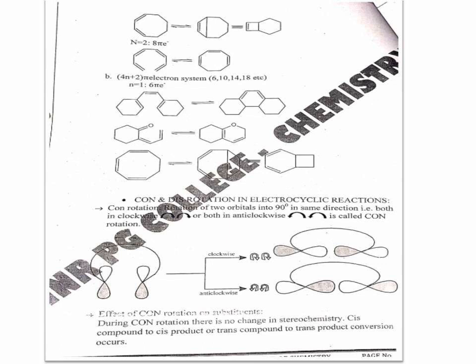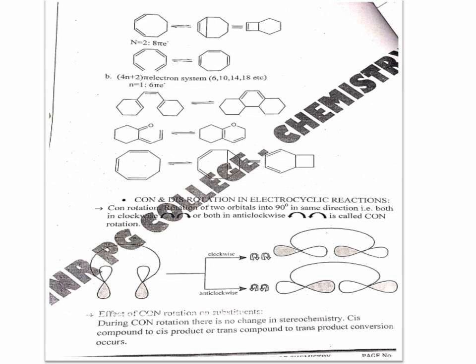That is one picture, and in the other picture the shaded lobes will be opposite. Means if one p orbital's shaded lobe is coming down, then the other p orbital's shaded lobe will come at the top. So two pictures will be there. With these pictures everywhere you will have clockwise conrotation and anti-clockwise conrotation.